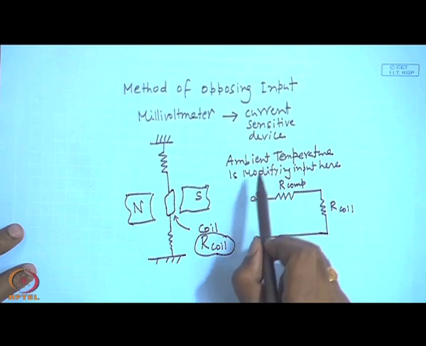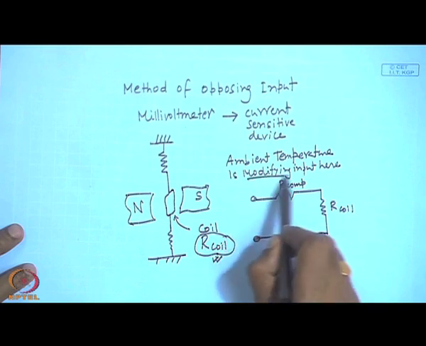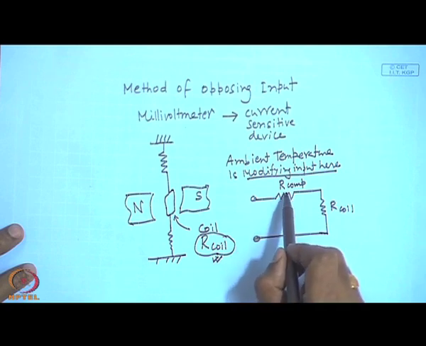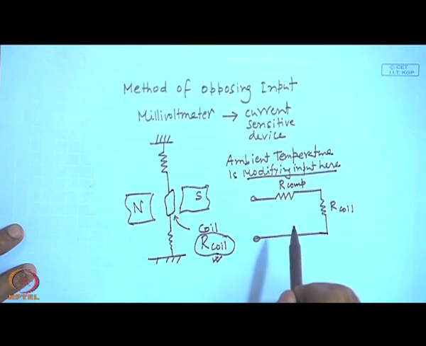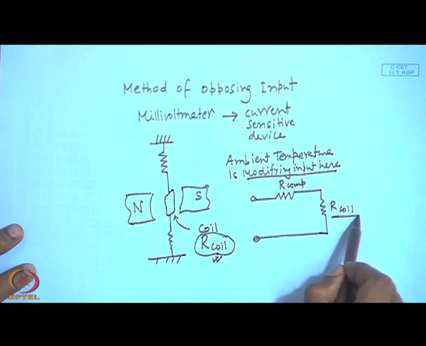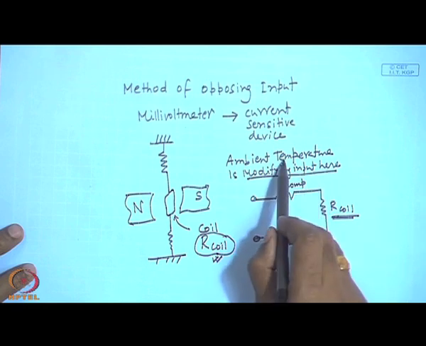Ambient temperature can change the resistance of the coil. So, it can work as a modifying input. Now, if I add a compensatory resistance in the circuit and I choose the material such that it has a temperature coefficient of resistance opposite to that of coil, I can cancel out the effect of ambient temperature.